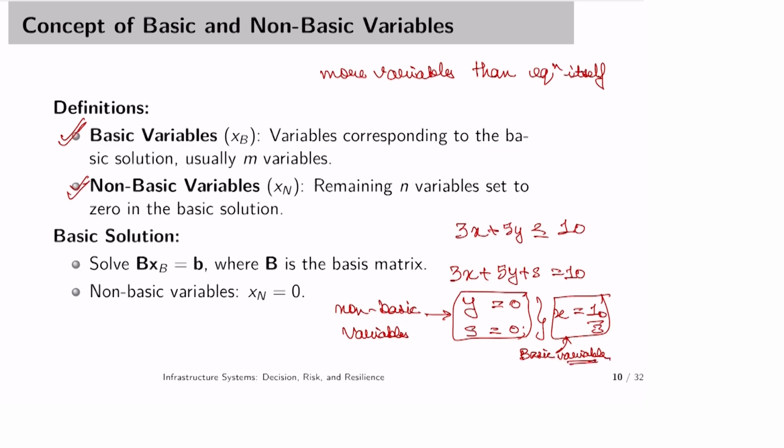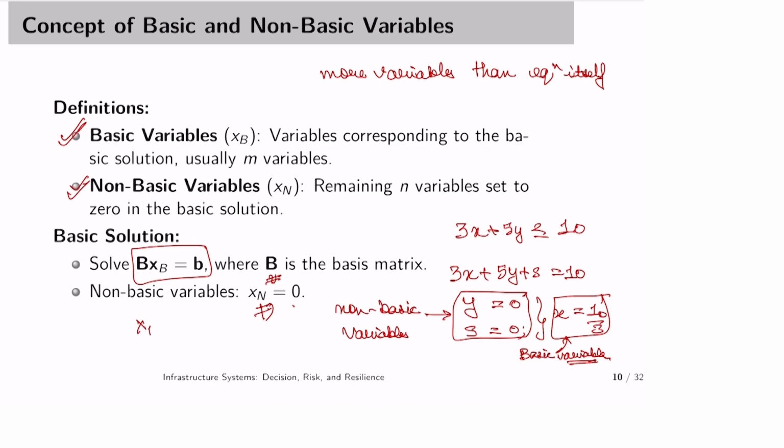And in this case, all our non-basic variables are set to 0 and we get the solution for the basic variables, because all others have been forced to be 0, and hence our problem now reduces to B x_B equal to b, and B is called the basis matrix.